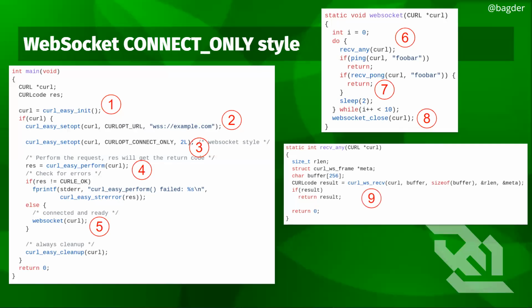The curl ws receive function basically asks, receive everything that you have got from the server, all the WebSocket data. And if you check the fifth argument called meta here in the function call, it will get a struct pointer to that same curl ws frame struct I talked about in the callback case, which provides information, offset, type, and more about the WebSocket data that you just received with this function.